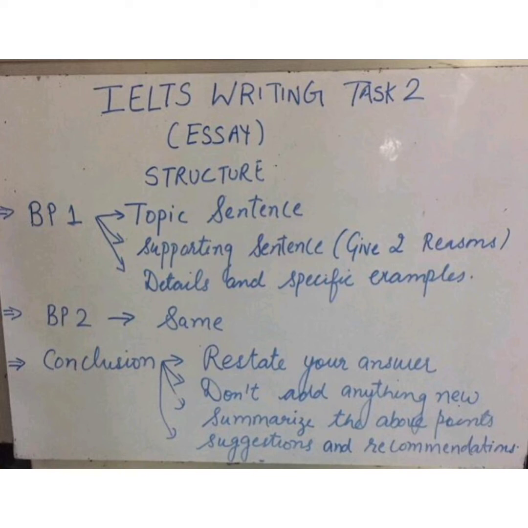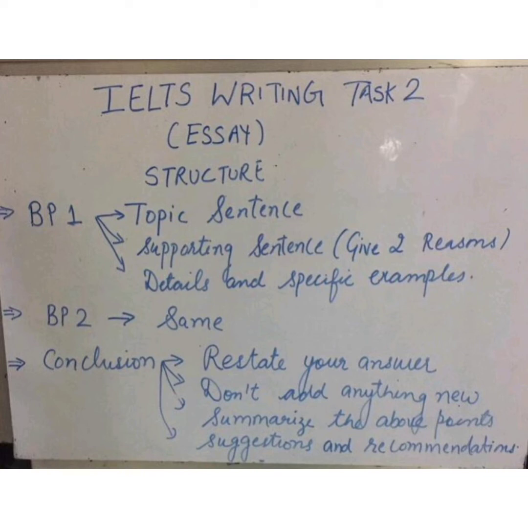Then comes the second paragraph, the body paragraph. Again you will leave one line from the extreme left. You will do the same 3 things in your BP2 also: the topic sentence, then your supporting ideas, and then prove whatever points you have given. Here one thing you need to keep in your mind: you will write a topic sentence only if one paragraph is different from another paragraph.